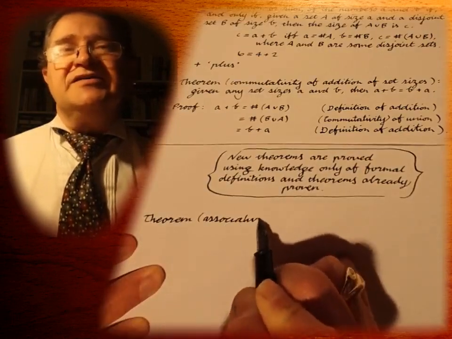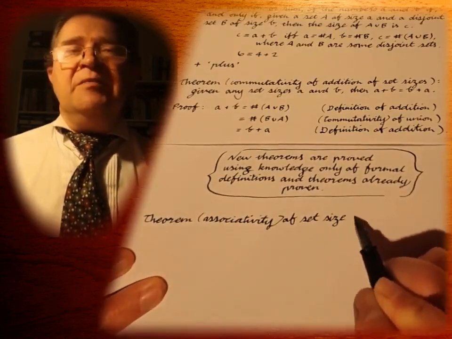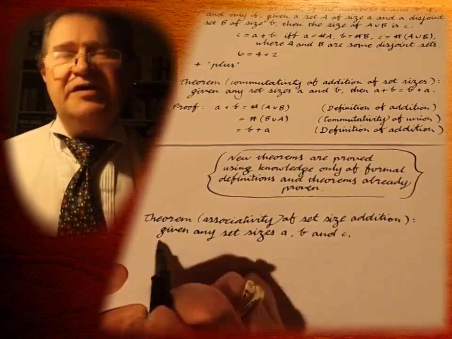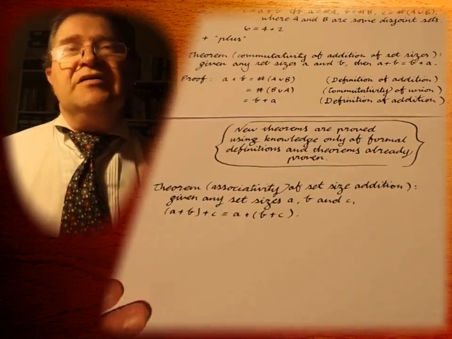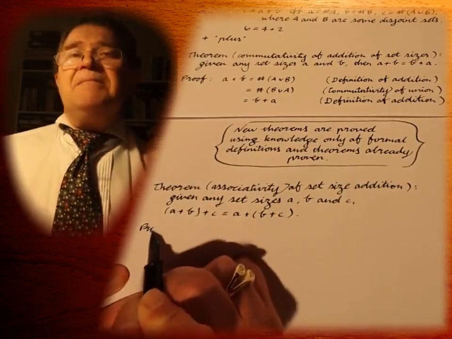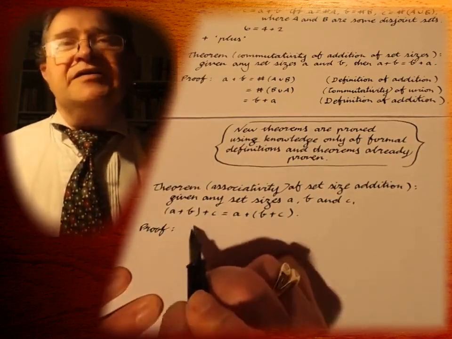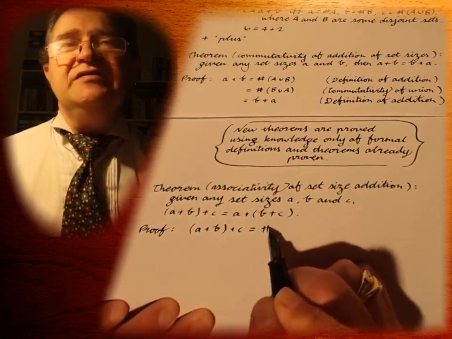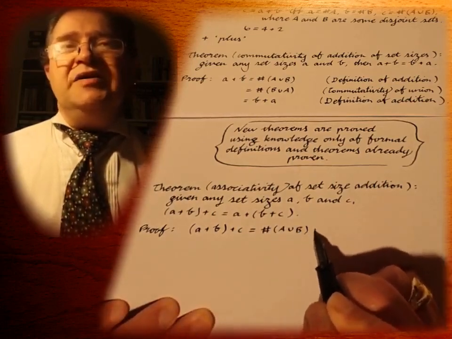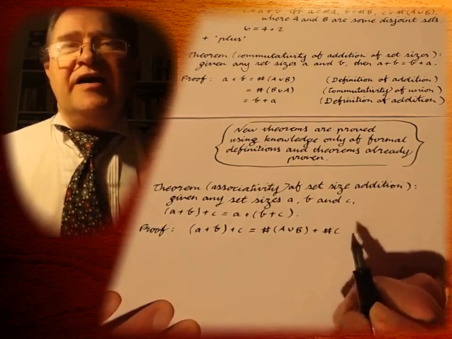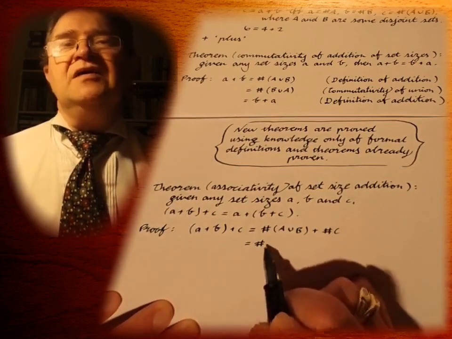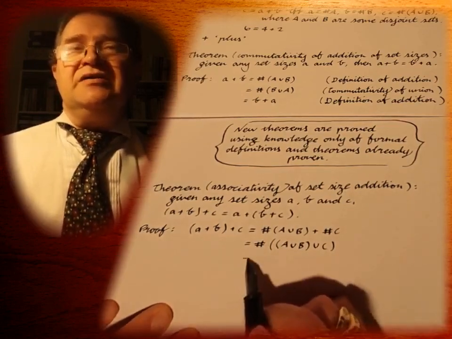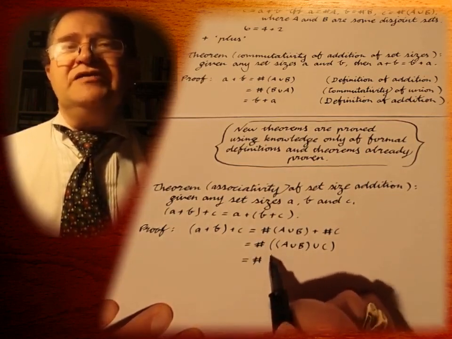Now, given any set sizes A, B and C, then A plus B plus C is equal to A plus B plus C. The proof of this is that A plus B plus C is the size of A union B plus the size of C by the definition of addition, is the size of A union B union C, again applying the addition definition, and that's just the size of A union B union C because the union operation is associative.